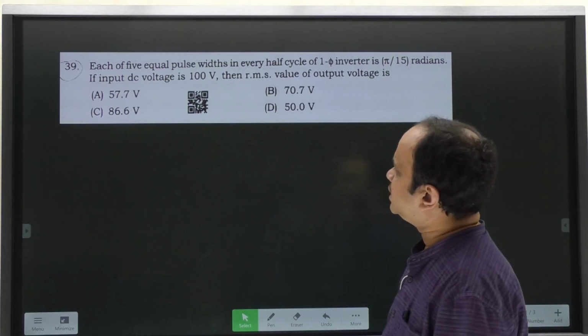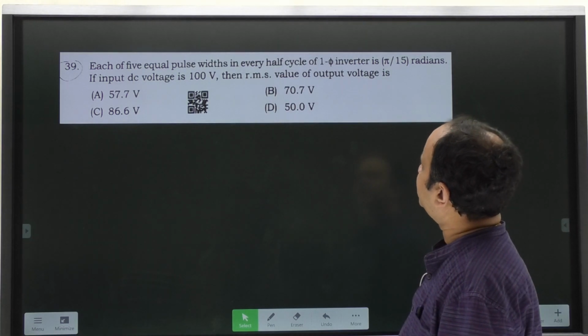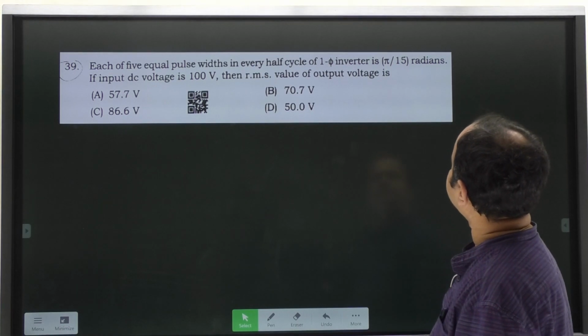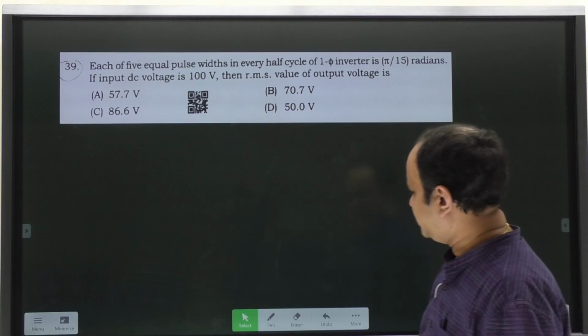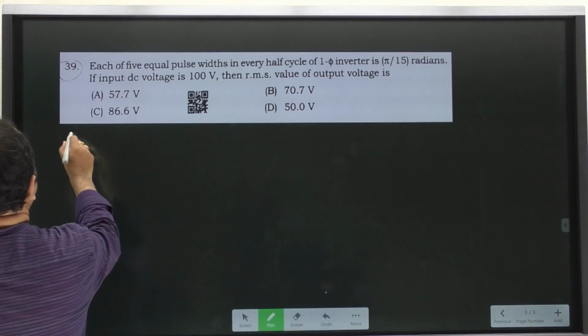Now let me read the next question. Each of 5 equal pulse widths in every half cycle of a single phase inverter is pi by 15. What do you mean by this?